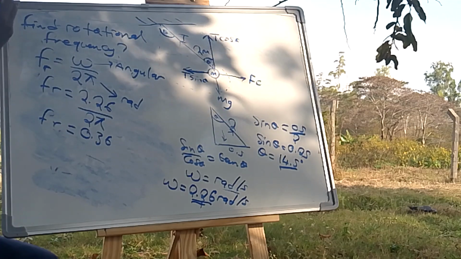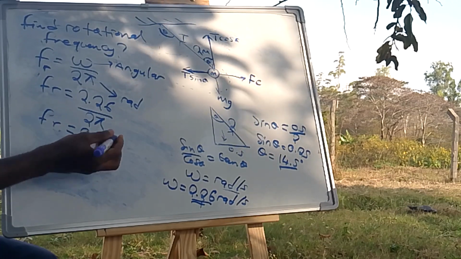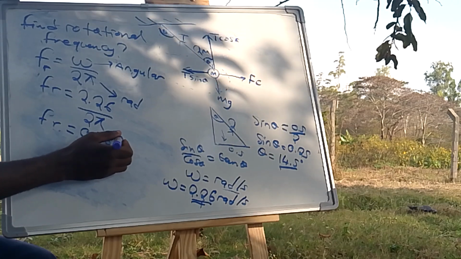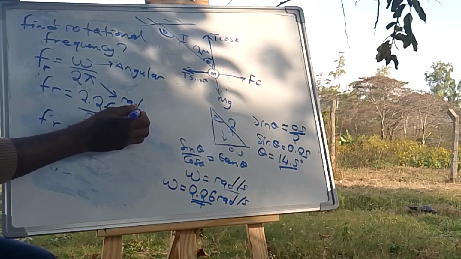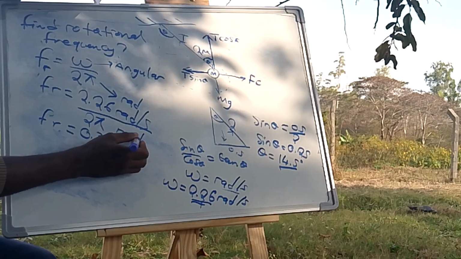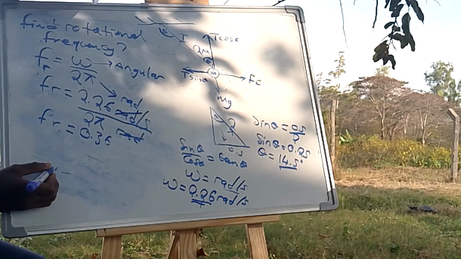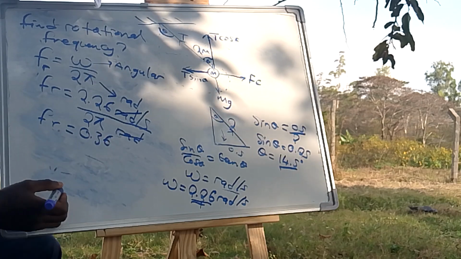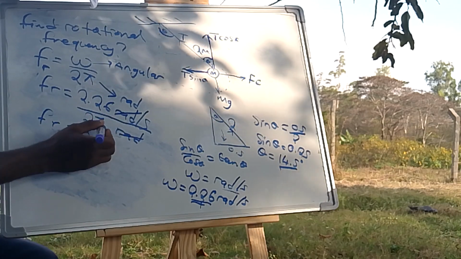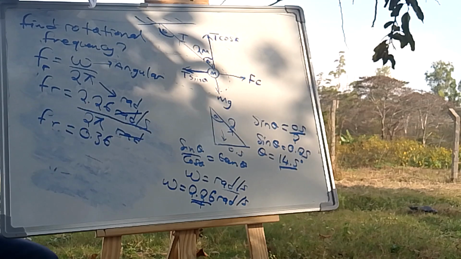Here we add units. The units are rad per second over rad. So you are going to cancel the units. Here I'm just finding the units I'm going to have. 2 pi has unit rad, and this is 2.26 rad per second.